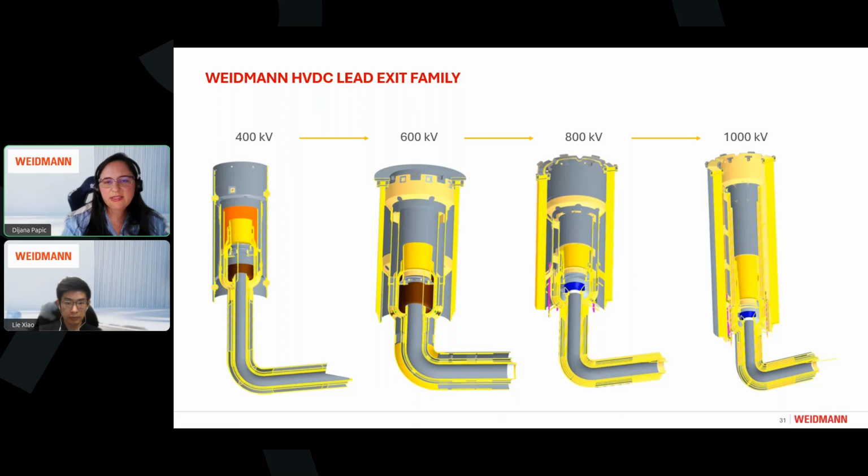But here we can see those barrier packages, which are very familiar to DC, for attracting the DC field in order to reduce the stress on the base layers. And of course, we can see that at first glance they are very similar to the AC lead exits shown before.